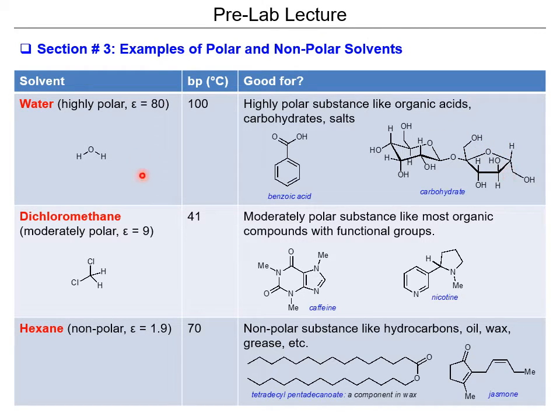Then there are solvents like dichloromethane, which are polar solvents, but they don't contain hydrogen bonding. Compounds such as caffeine, which has a lot of polar bonds between nitrogen and carbon, and also nicotine, are more likely to dissolve in solvents such as dichloromethane.